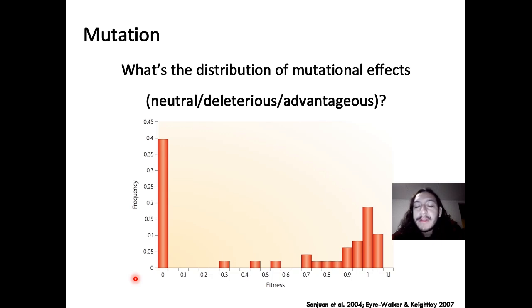So we have a lot of mutations that are very bad for you. We have certain mutations that are going to decrease your fitness a little bit. Some mutations, usually like synonymous mutations, will not have any effect, neither deleterious or advantageous. They're just going to be neutral. But then there is a small proportion of mutations that will be advantageous to the organism, and this is going to be actually selected for because it's going to give the individuals a higher fitness than the ones that don't have this mutation.